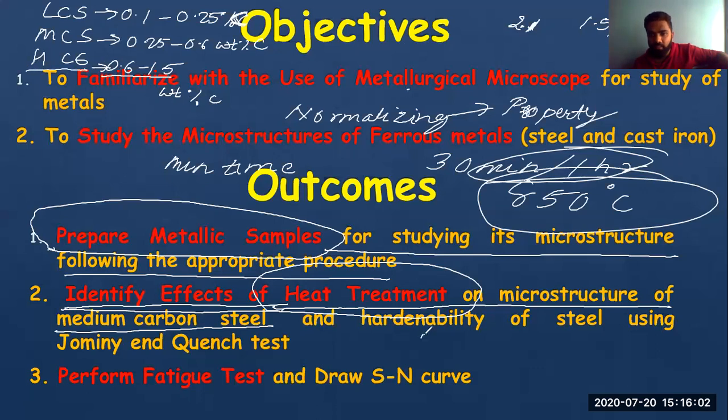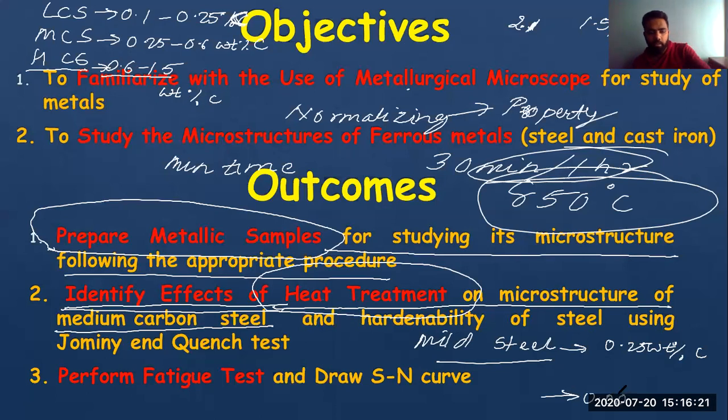What is mild steel? Mild steel is not at all medium carbon steel. There is a slight difference between mild steel and medium carbon steel. I would like to inform you, mild steel has exactly 0.2 weight% carbon, and it has 0.055% of, as I told you in the morning, phosphorus and sulfur.